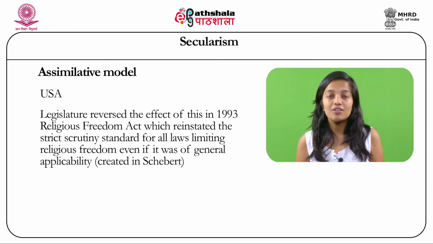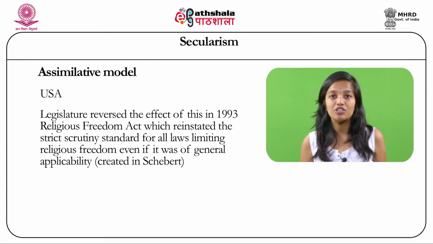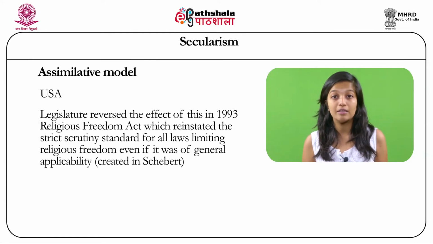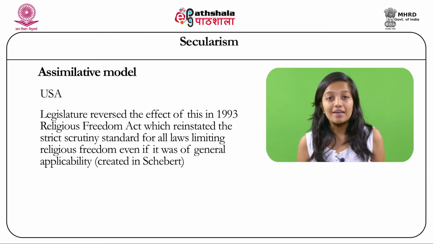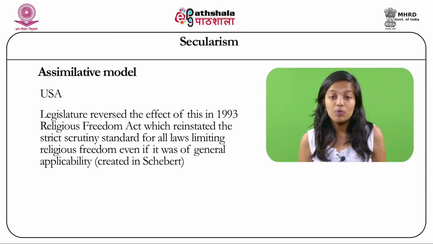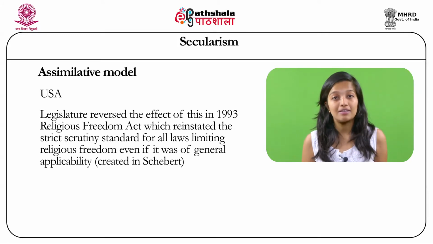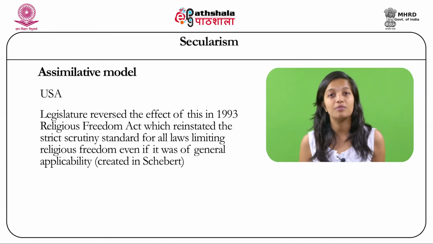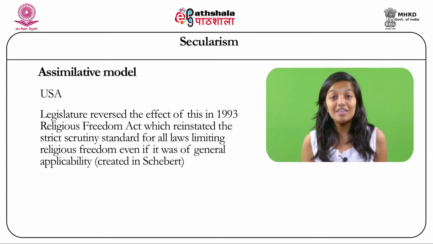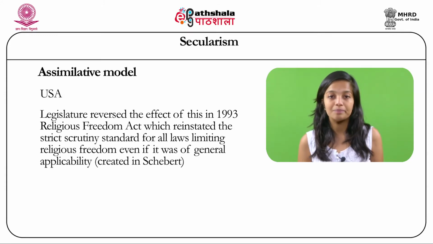The legislature saw certain problems with the formulation of the test in the Employment Division case, and therefore it passed legislation to do away with it. The 1993 Religious Freedom Act, within its text, reinstated a strict scrutiny standard for all laws that limited religious freedom within the United States of America, even if they were laws that were actually of general applicability to all individuals.